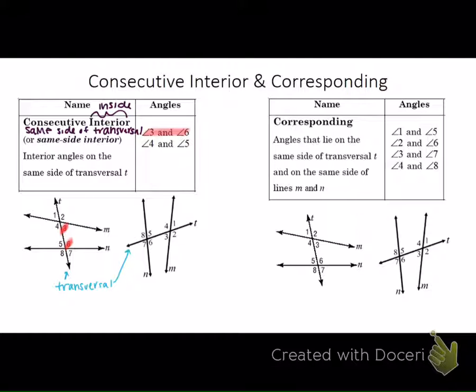If you're looking at your transversal, they're both to the right of the transversal, so they're on the same side of the transversal. Interior means if you push those 2 lines together, they're still on the inside. If you push those together, are they still on the inside? If you take that one and that one, aren't they going to be on the inside? Oh, I thought you said no. Again, on this one here, they're both below the transversal. If you push these together, they're on the inside.